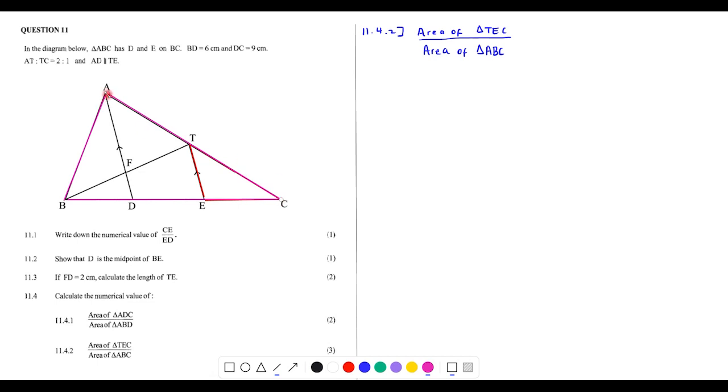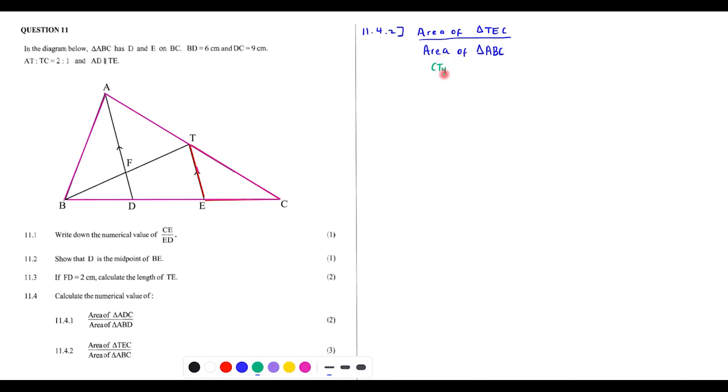Alright, now what do we see here? First of all, they don't share the same height, right? But we see that they have the same angle. If they share the same angle, we're going to write the type 2.